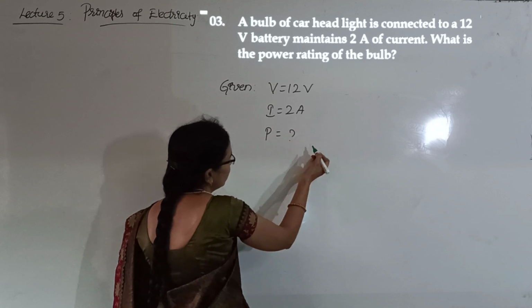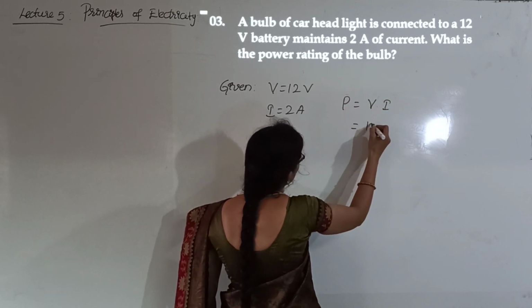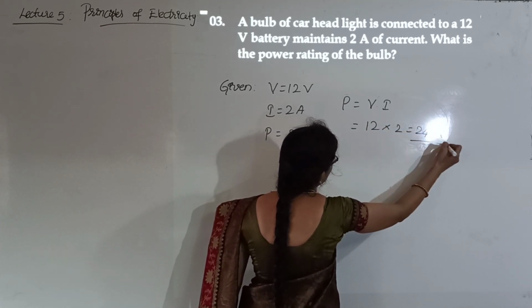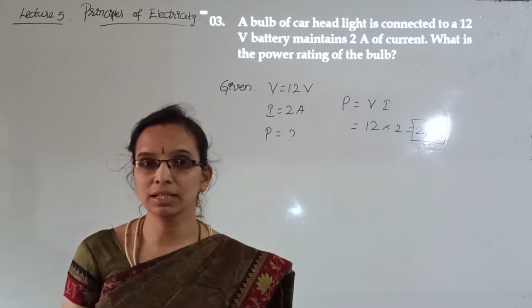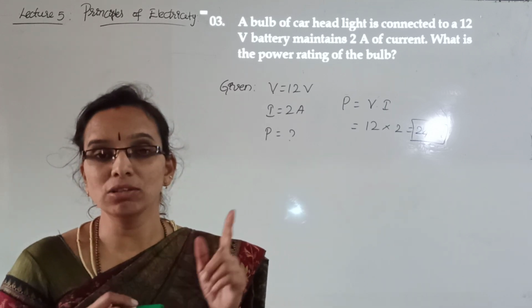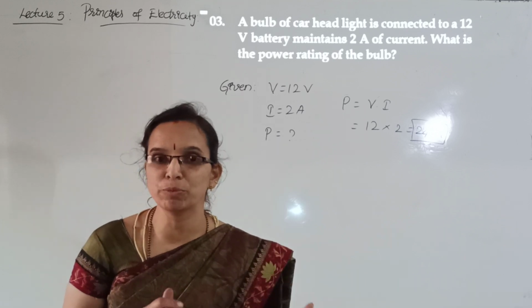Asked the power rating, so direct formula P is equal to V into I, 12 into 2 is 24 watt. Put the unit correctly.